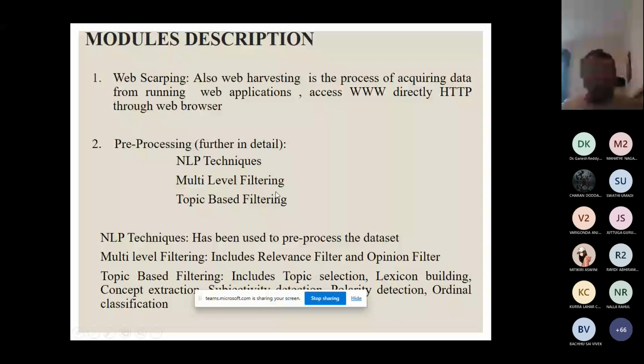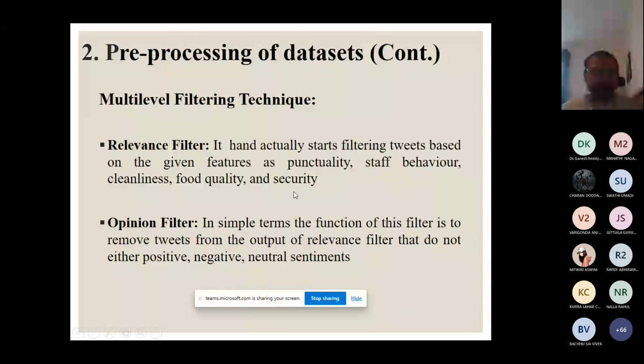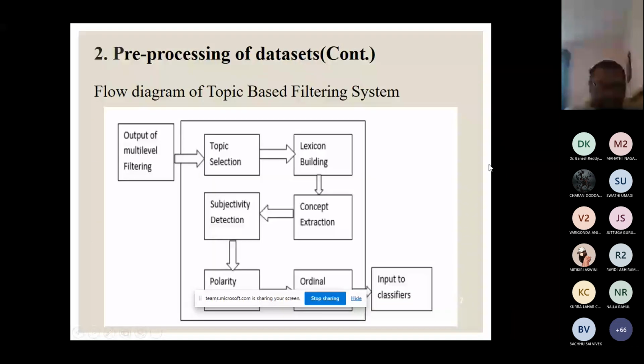There is another piece of work I did, that is topic based filtering. This is the diagram of topic based filtering. I have done topic based filtering not only on the multi-level. I identified the topics: punctuality, staff behavior, security, food quality, cleanliness.